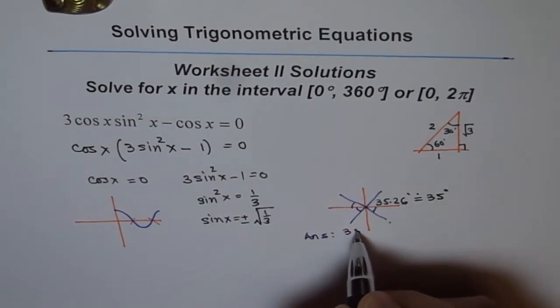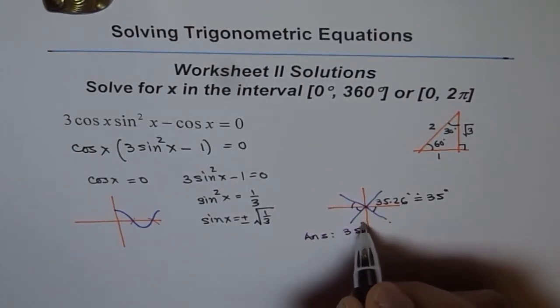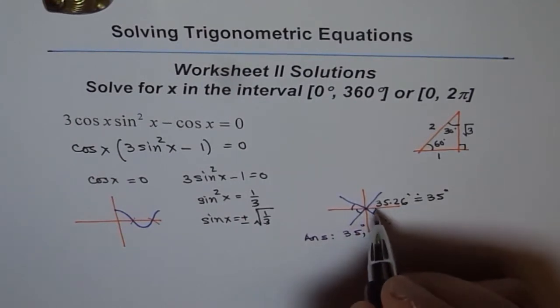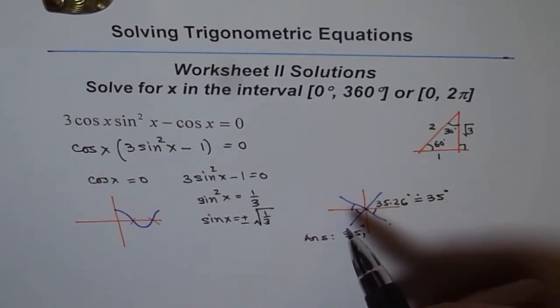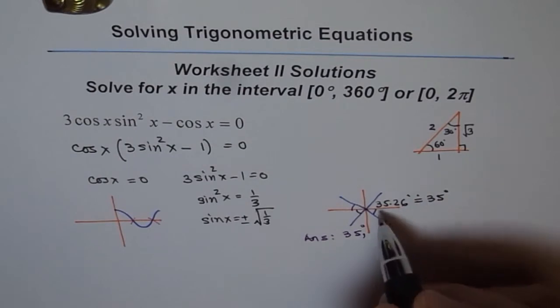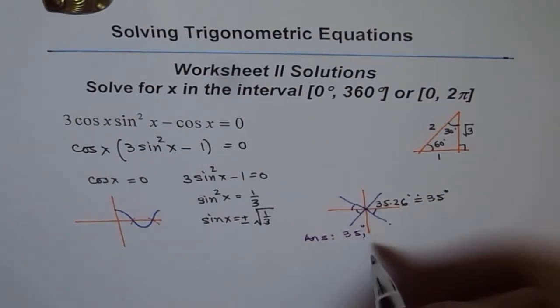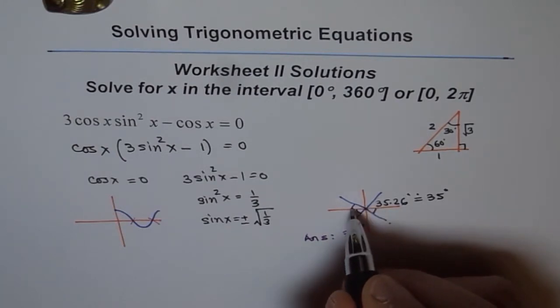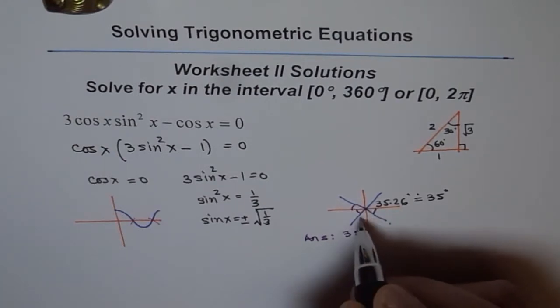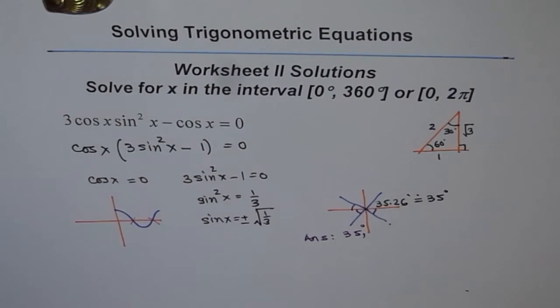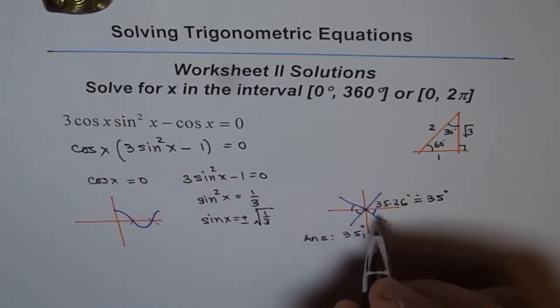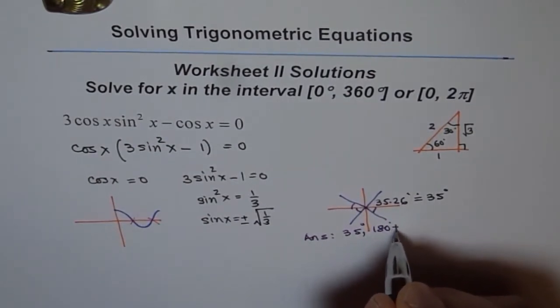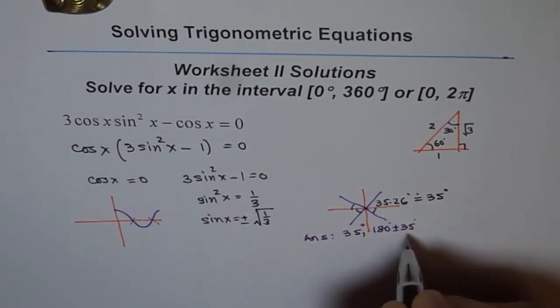First is 35 degrees. Since the accuracy is not specified, we can round to the whole number, 35 degrees. The others are 180 minus 35 and 180 plus 35. Let me first write down 180 plus or minus 35 degrees. These are the 2 answers.